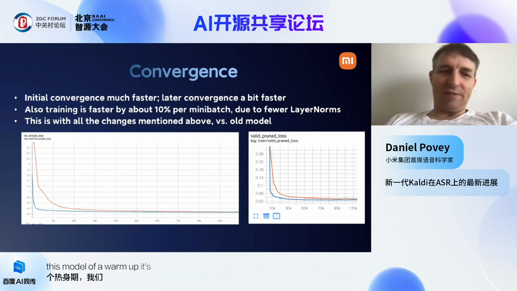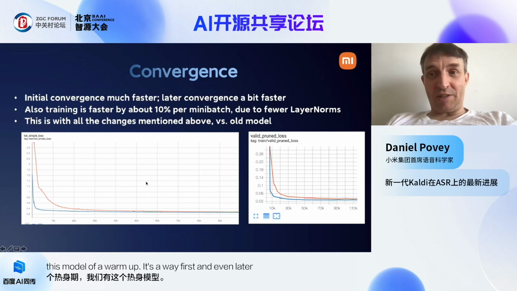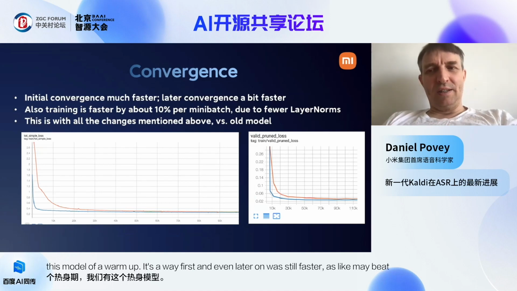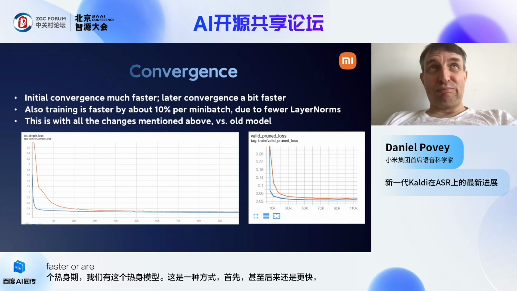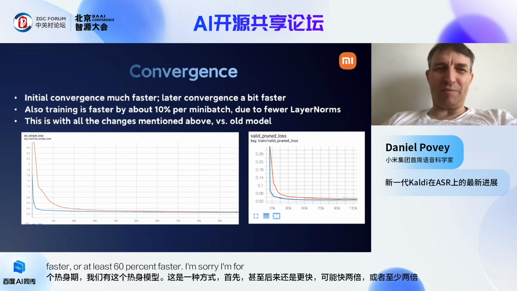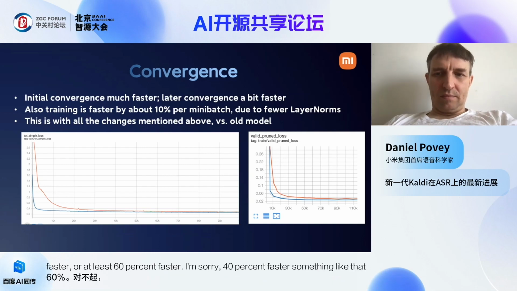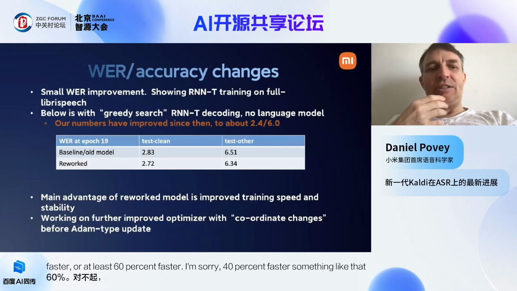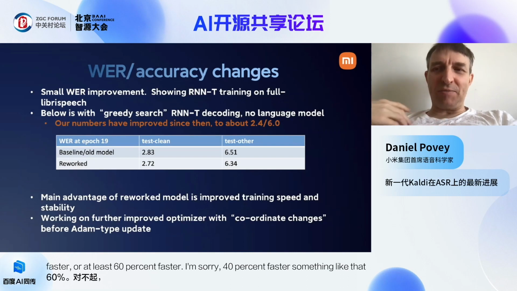It's way faster, and even later on we're still faster. It's like maybe twice faster, or at least 40% faster, something like that. So we also have some small error rate improvements.